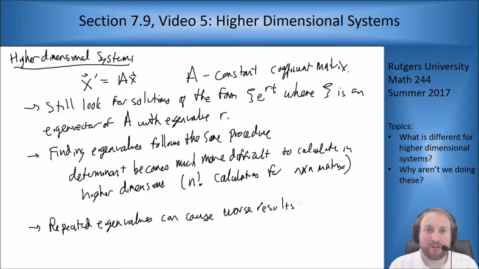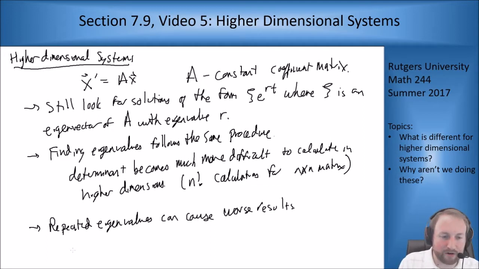That gave me 2, which is all I wanted. Well, what if I have 4 dimensions and that's not enough? I need another solution with that same eigenvalue. So then I have to go a step beyond the first generalized eigenvector to find a second generalized eigenvector. And it just stacks up on top of itself and it gets ridiculous very quickly. So you get worse and worse types of eigenvector mess ups as you get to higher dimensions.